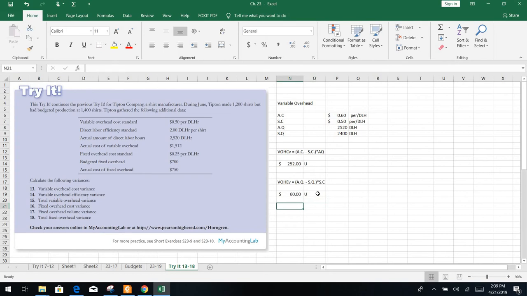And for the final value, they want to know total variable overhead variance. Total variable overhead variance just equals the sum of those two values. So that equals this plus this, and since they're both unfavorable, then you know that this must be unfavorable.